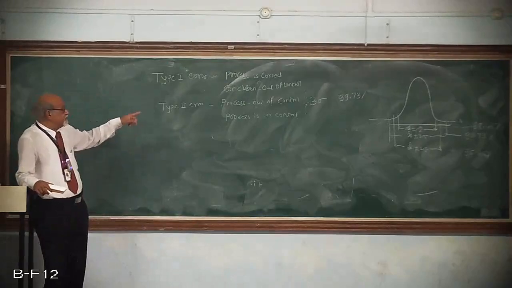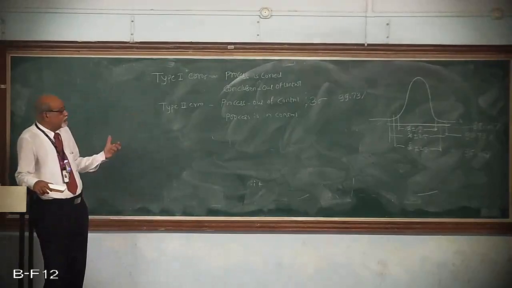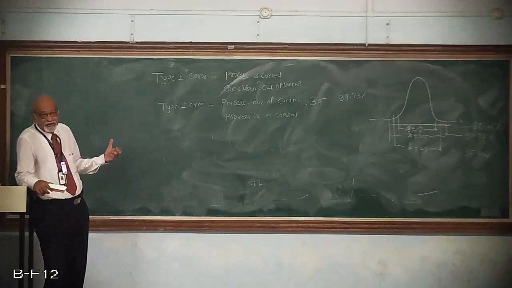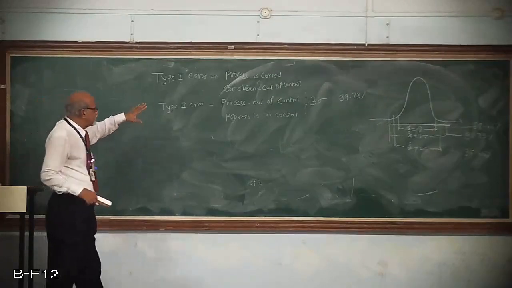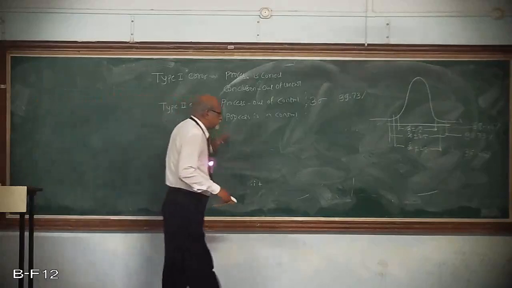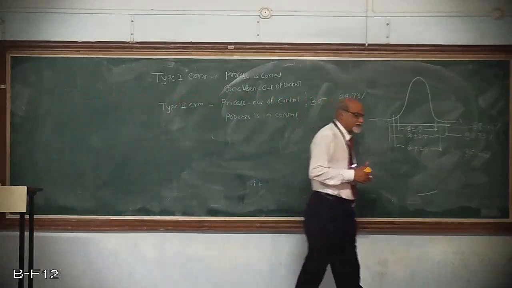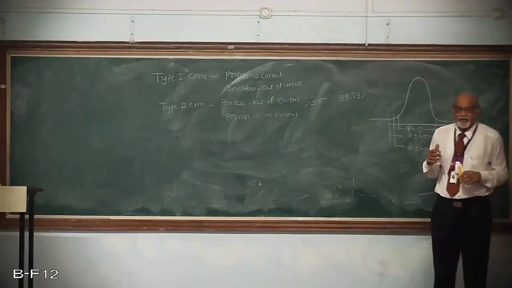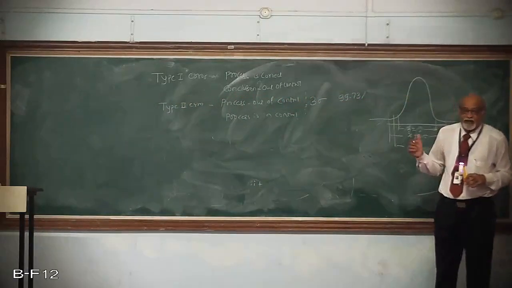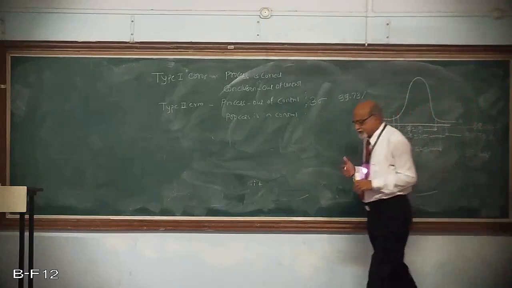So that means type 2 error is how much? The area between the two limits. If we adopt 3 sigma limits, then 99.73%, if the process has actually changed, it will not be detected, it will be that much. So the type 1 error and type 2 error are opposing each other. If I try to decrease the type 1 error, the type 2 error increases.